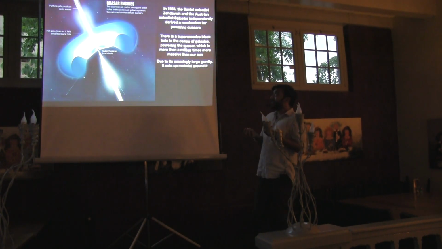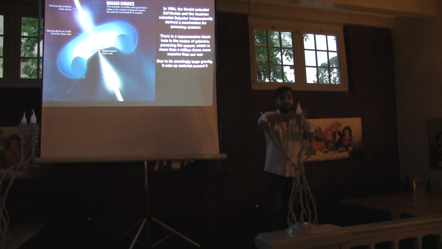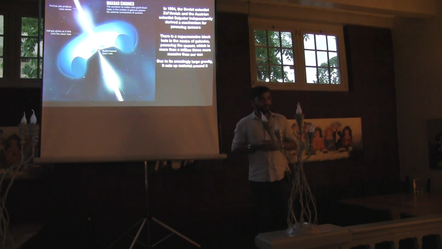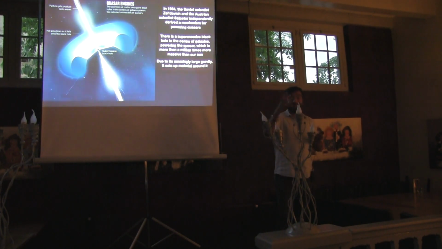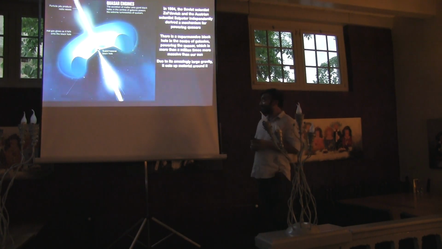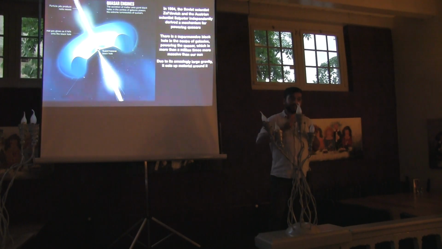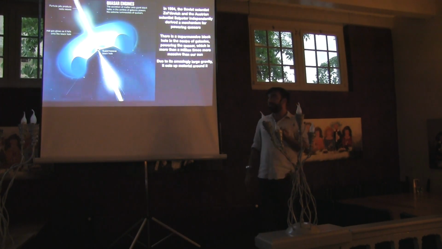And what they essentially postulated was, due to the amazing gravity of this very massive object in the middle, it starts eating up things around it. That's what black holes do. That's what all these science fiction films tell you as well, which is true. If you put things around a black hole, it would be eaten up by the black hole. And especially if the black hole is so massive, its sphere of influence is also very large, so it starts eating up more and more of this material.